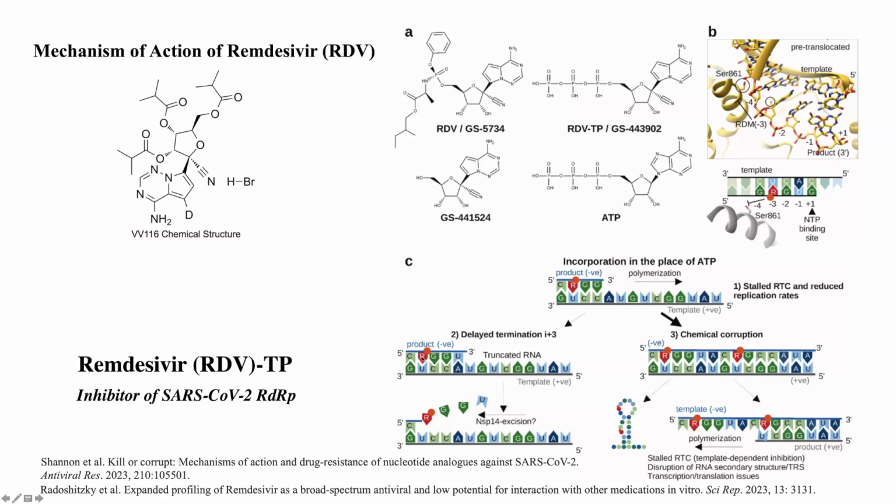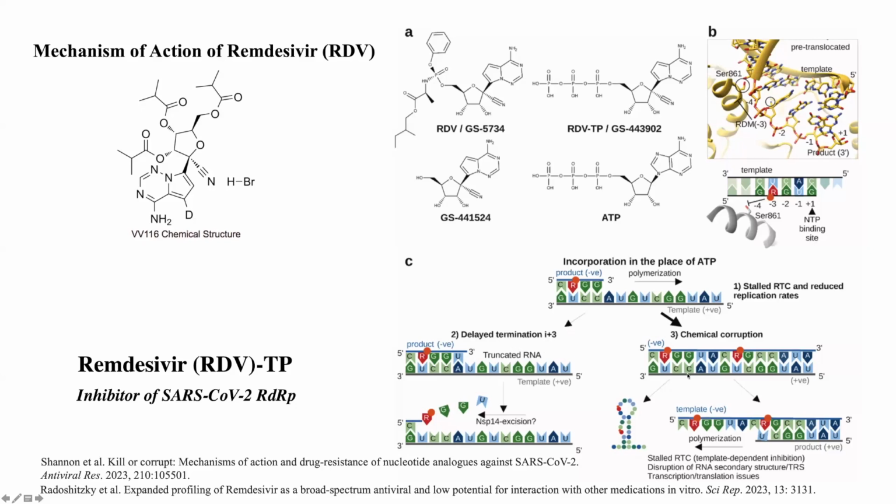One is called delayed termination: once remdesivir is incorporated, another natural nucleotide is incorporated, and presumably this will evade the exonuclease. The other is that remdesivir actually gets into the viral genome while the virus replicates, and once the viral genome RNA contains remdesivir, the synthesis of the complementary strand is inhibited.